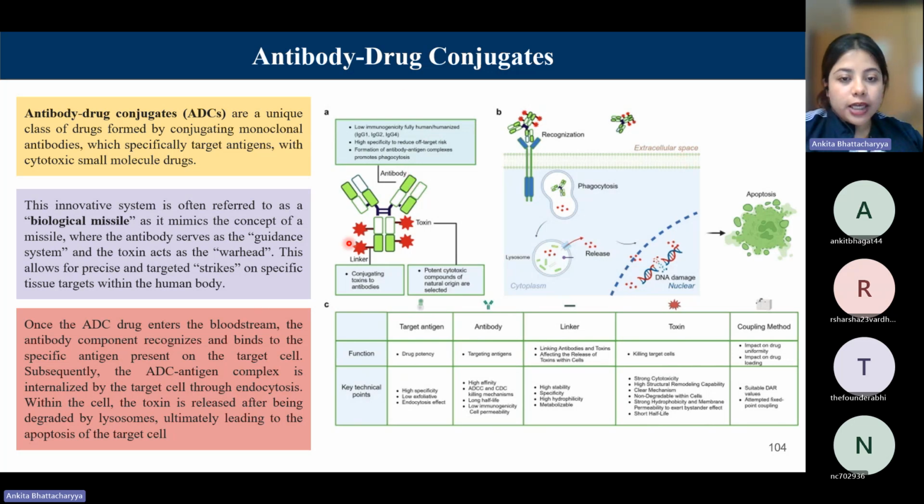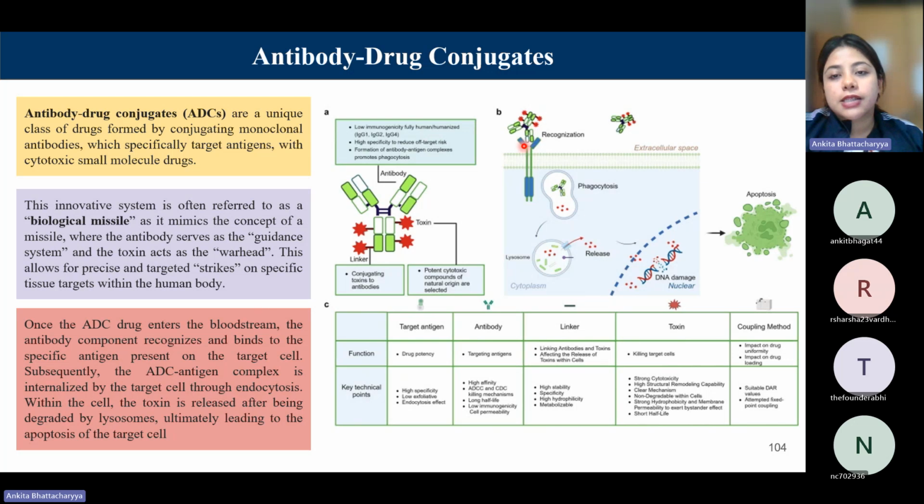Apart from this property, the linker molecule helps in conjugating toxins to antibodies, and the toxin by itself should be a very potent cytotoxic compound, which is preferably of natural origin because that'll be a better drug than using something which is chemically synthesized, because already you are using an external source of delivering the drug to the cell.